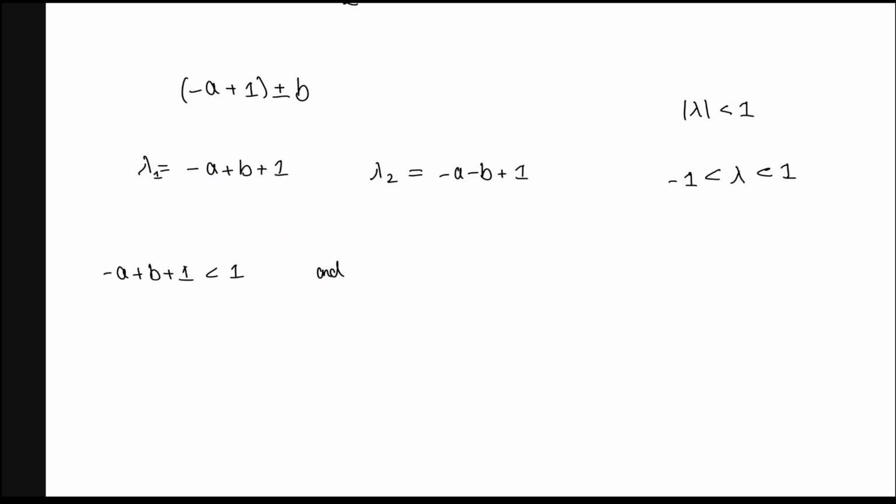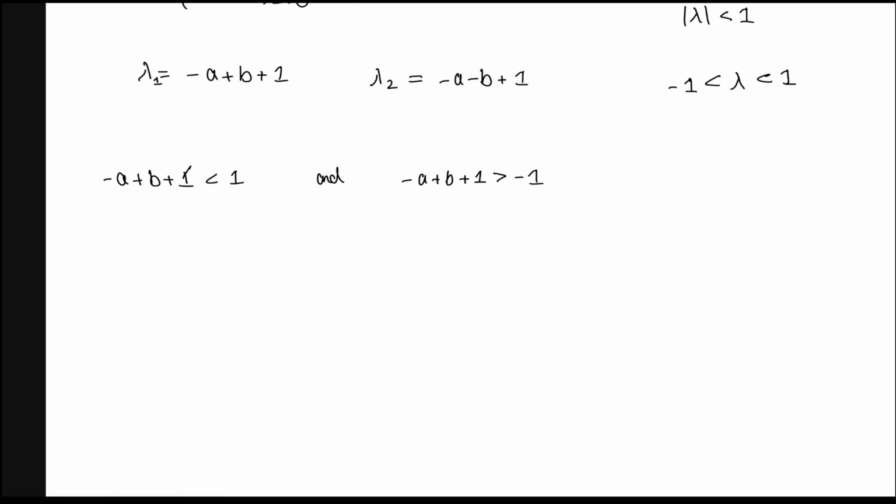And we also have minus a plus b plus 1, which has to be greater than minus 1. So that gives us minus a is less than minus b, or a is greater than b. And over here, it gives us a minus b is less than 2. Hopefully you can see that.